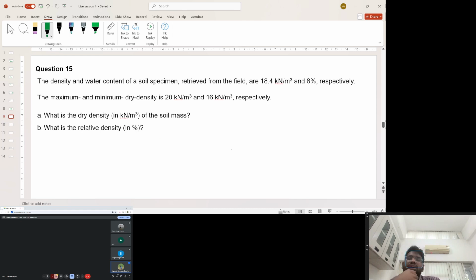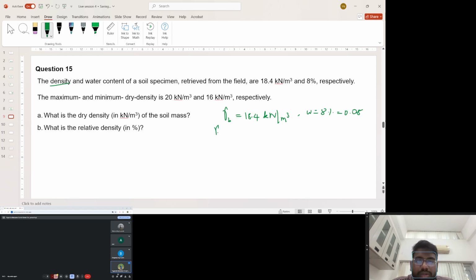So let us solve the first question first. Here the density is bulk density. All right. So we know gamma bulk is 18.4 kilonewton per meter cube and water content is 8%, which is 0.08, right?